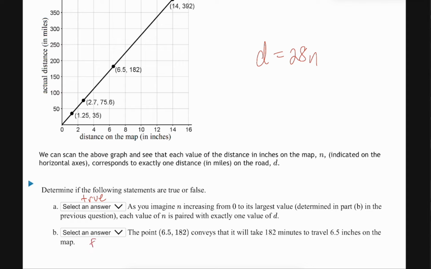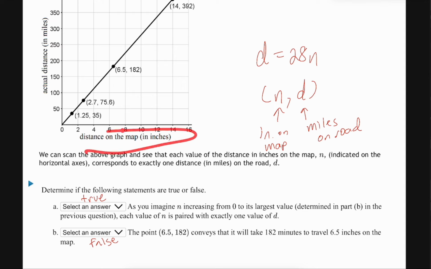That is false. Remember, it's not a bad idea to go, this is n, d, this is inches on the map, this is miles on the road. So keep in mind what your x and y happen to be. And here's your x, here's your y. And so the point, that would be the distance on the map, that would be the distance in miles.